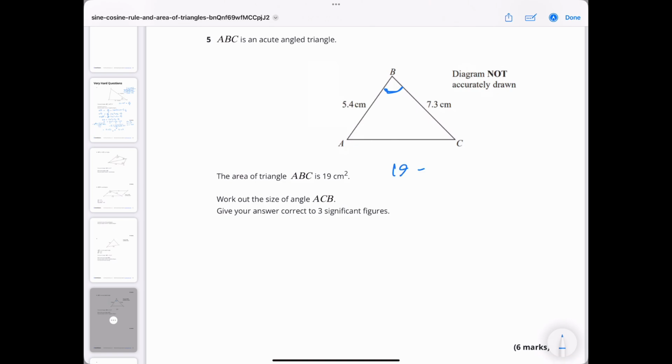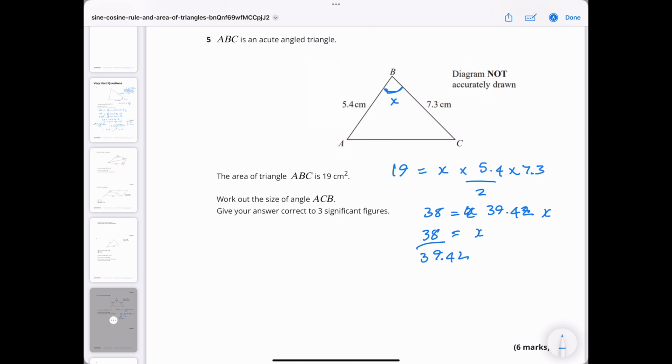So if 19 equals x times 5.4 times 7.3 over 2, then 38 equals x times whatever 5.4 times 7.3 is, which is 39.42. I'll put the x on this side, so x equals 38 over 39.42.